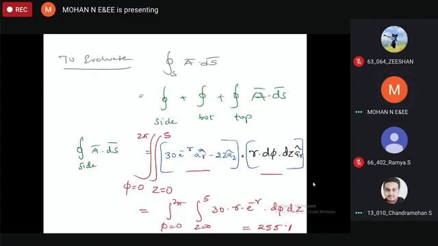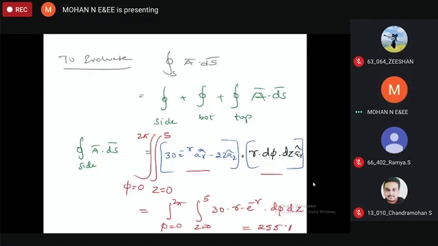Yes, so you will not be getting that component, and you can directly simplify, which becomes easy. So 255.1 is your divergence along the curved surface.